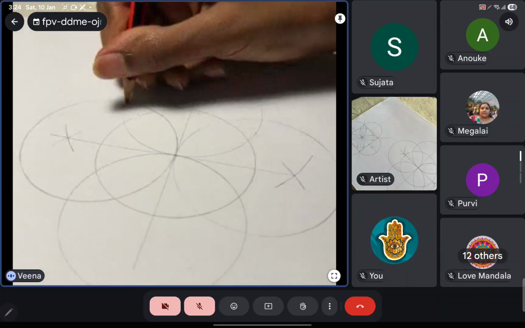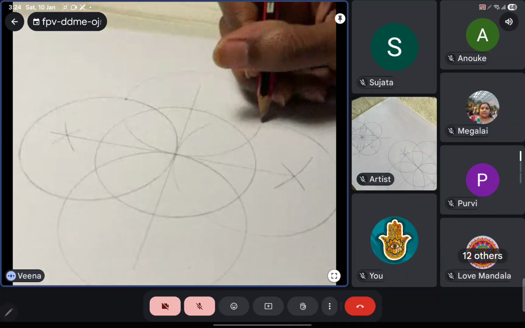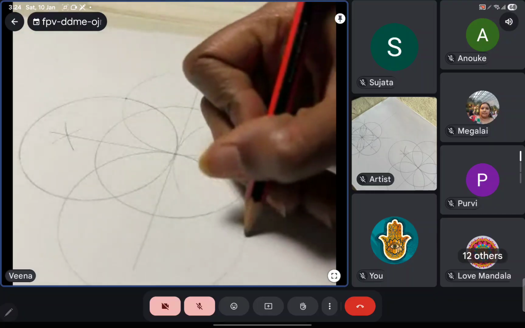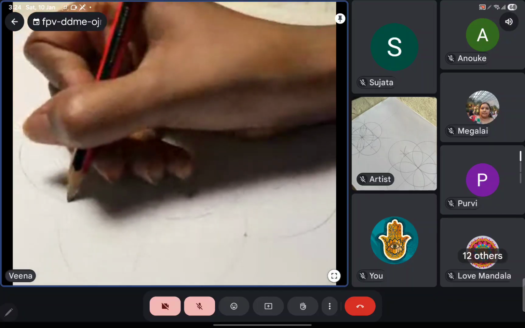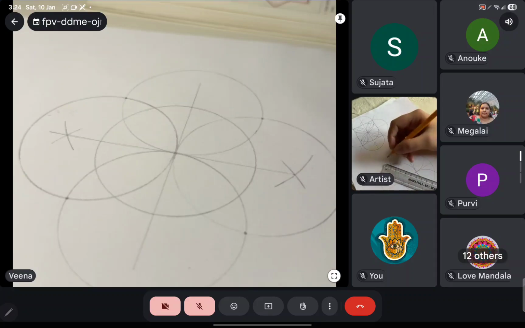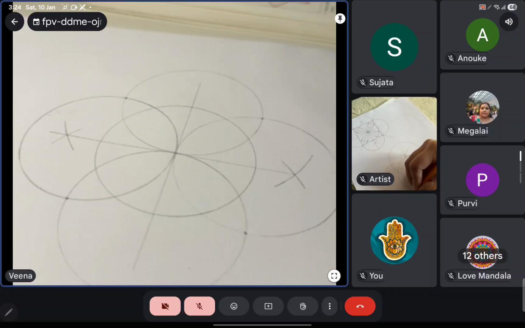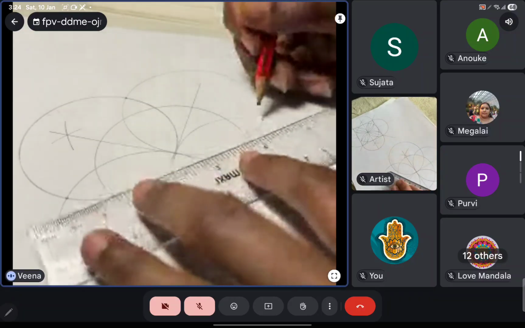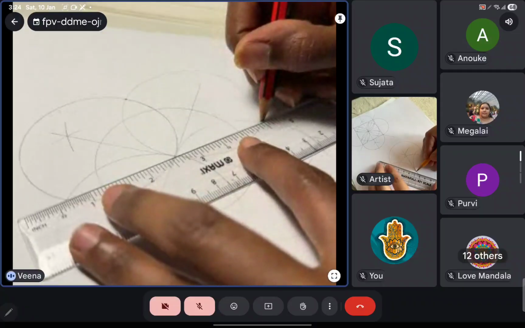We're going to mark these points. And then join those.